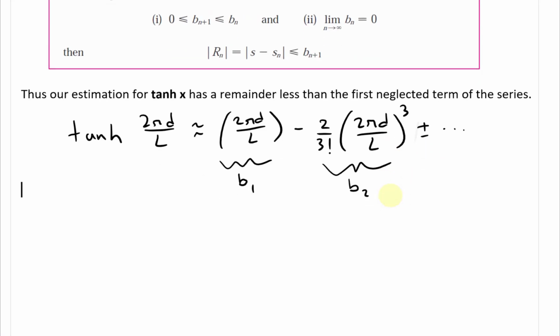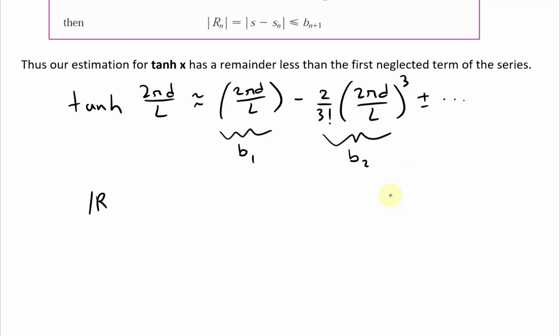So in our case, r sub 1, the remainder associated with using the first term approximation, is less than or equal to B2, the absolute value of this term, which is positive. This equals 2 over 3 factorial times 2 pi d over L cubed.